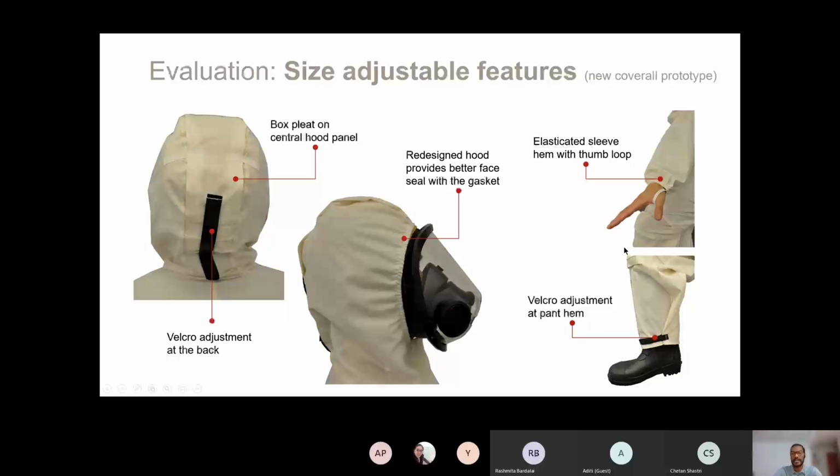Like pesticide applicators, in order to fill the gap where we earlier found that there was an interface between different items of clothing, like the face mask and the coverall, the gloves and the sleeves of the coverall, or the bottom hem. So we looked into that area by adding design features where there was better sealing between these interfaces.